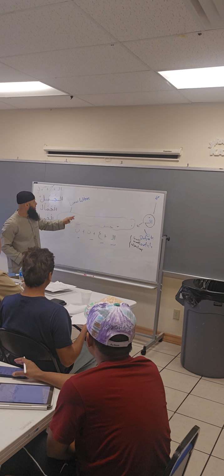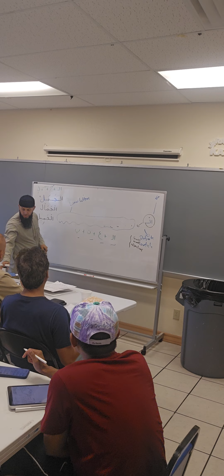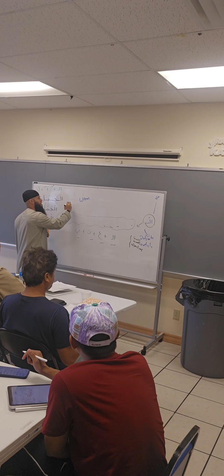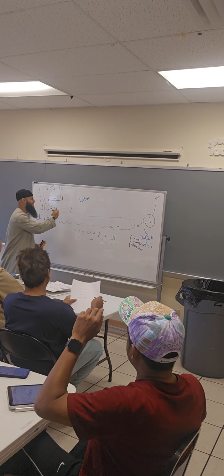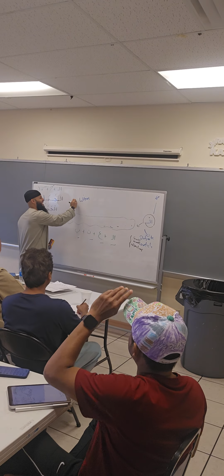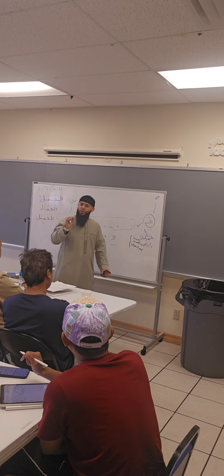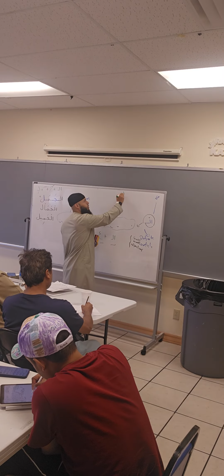What we call them now, it's not lunar, now we're talking about solar. By the way, why do they call them lunar and solar? Did you ask yourself that question? Lunar in Arabic, what is the word?